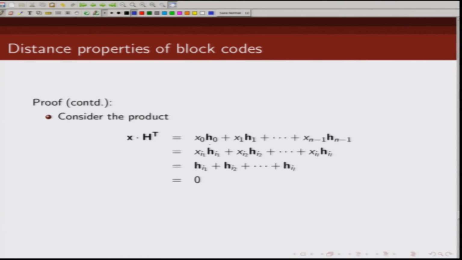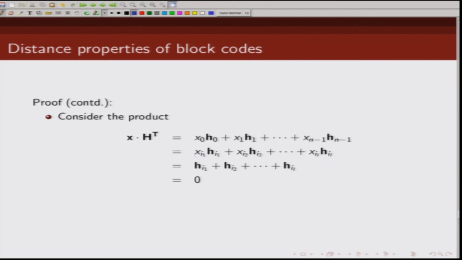So, what is x H transpose? It is given by x0 H0 plus x1 H1 plus x2 H2 plus up to xn minus 1 Hn minus 1. Now, since we know that L elements of this n tuple x are non-zero and they are given by xi1, xi2, xi3 up to xiL, we can write this as xi1 Hi1 plus xi2 Hi2 up to xiL HiL.